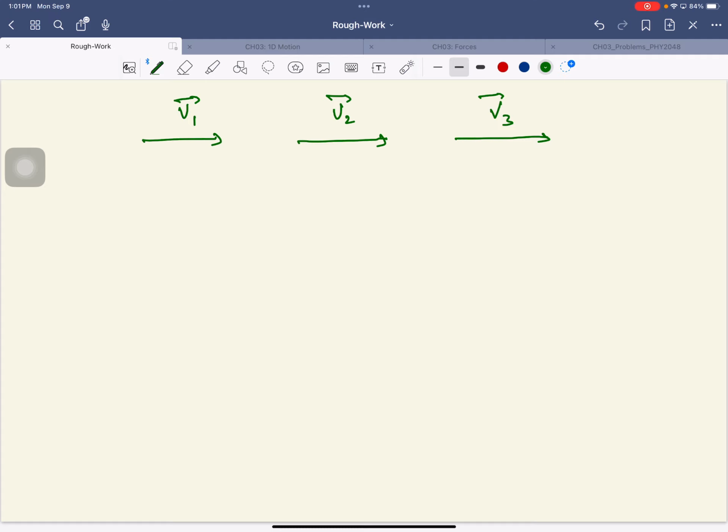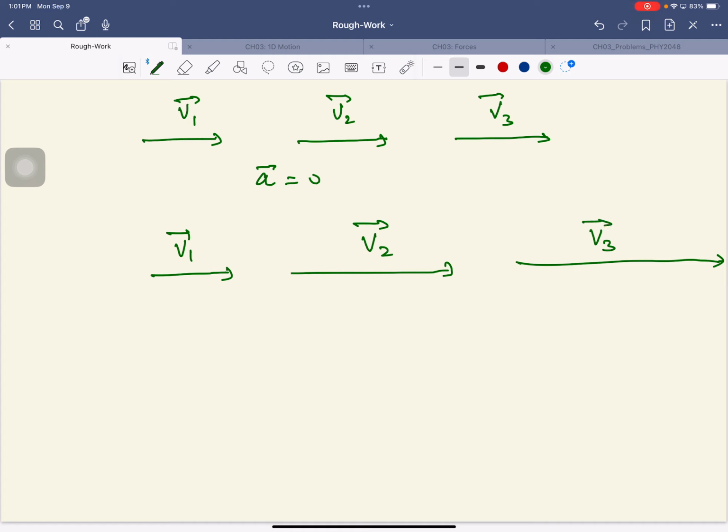All right, am I accelerating? No. I've given you velocities at different instants. The magnitude and direction are the same. Acceleration is 0. Now, am I accelerating? Yes. The magnitude of the velocity is increasing.